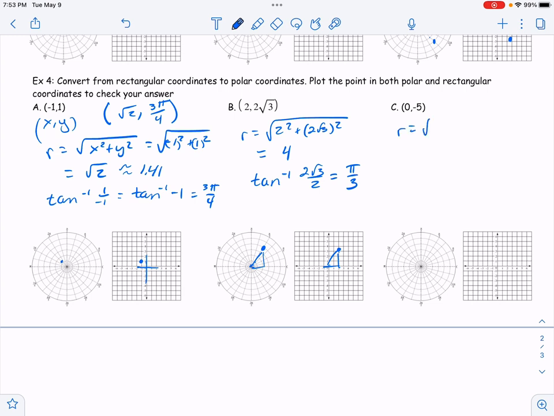All right. R is equal to the square root of 0 squared plus negative 5 squared, which is 5. Inverse tan is negative 5 over 0, and that's undefined, right? You can't divide by 0, but I can graph that. Remember, this is 0, negative 5, 1, 2, 3, 4, 5.